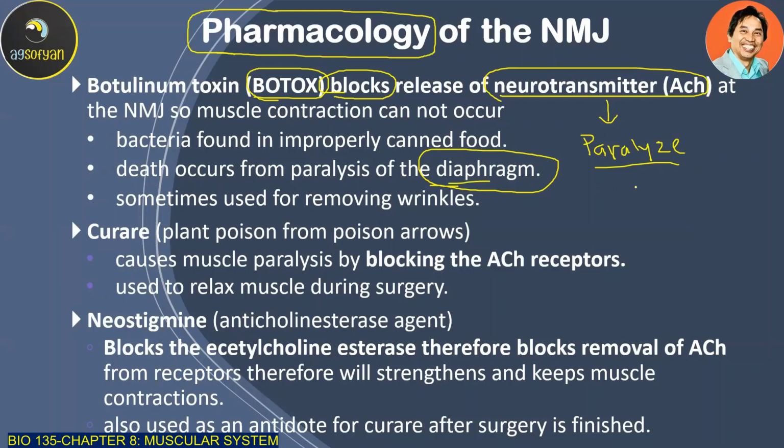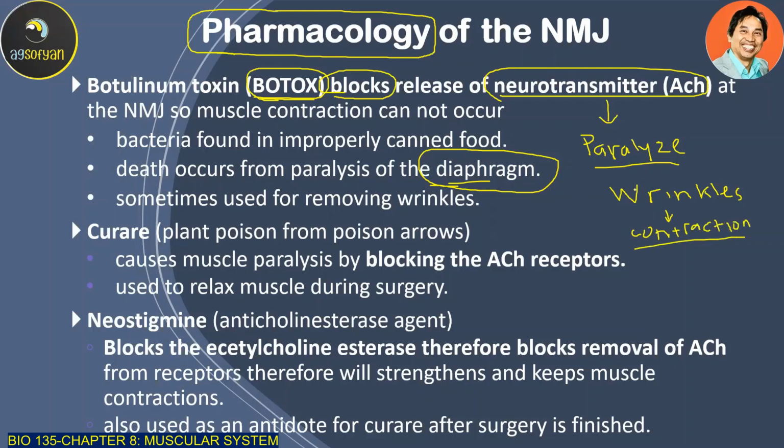As you know, Botox is usually used for removing wrinkles in the face. So what is a wrinkle? A wrinkle is actually muscle contraction. So when Botox is injected in the wrinkle area, the wrinkles will be removed.